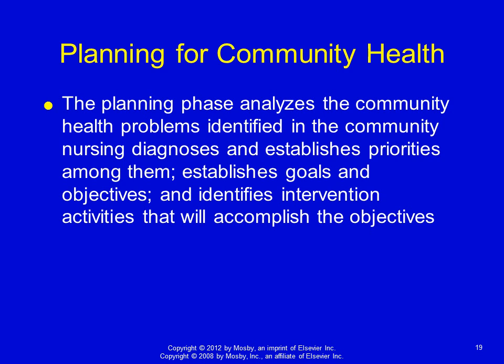The planning phase analyzes the community health problems identified in the community nursing diagnoses and establishes priorities among them, establishes goals and objectives, and identifies intervention activities that will accomplish the objectives.